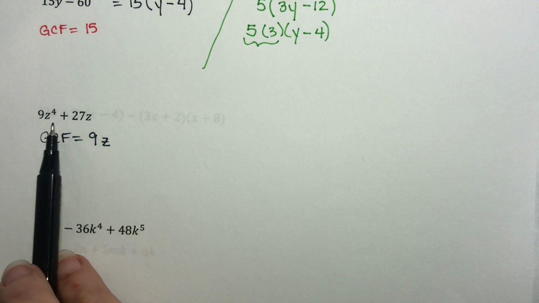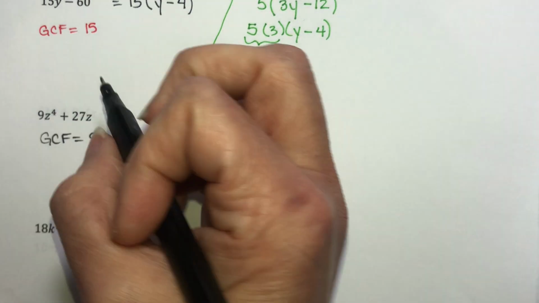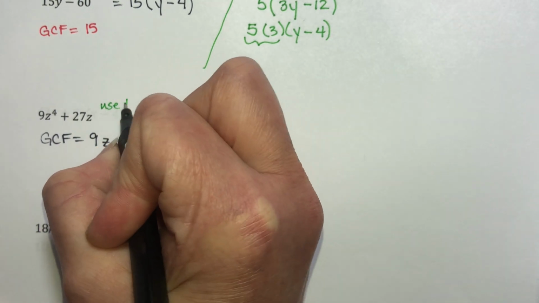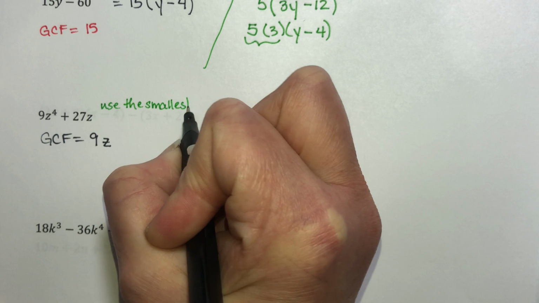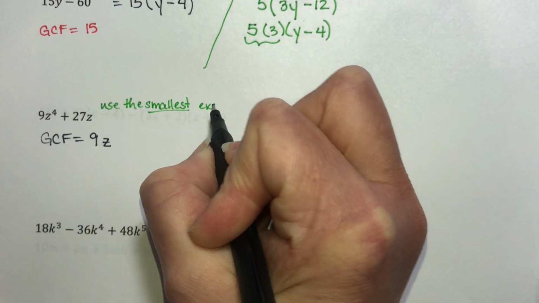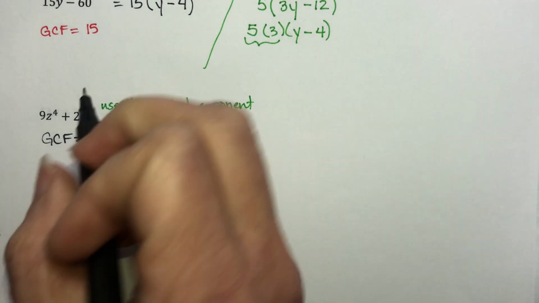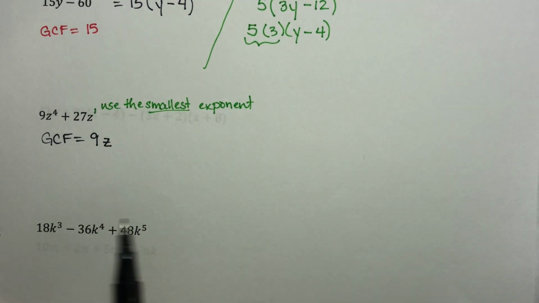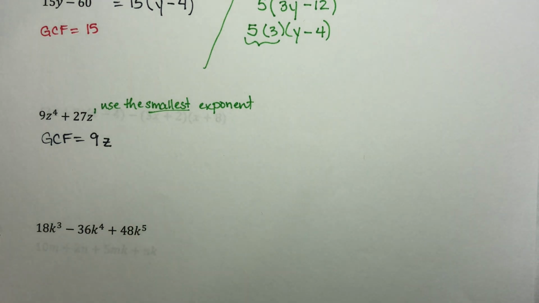What you want to do is look at every single term and then use the smallest exponent. Okay, so I have a 4 exponent here, and this is a 1. So since this one's smaller, I just use 9z as my GCF.